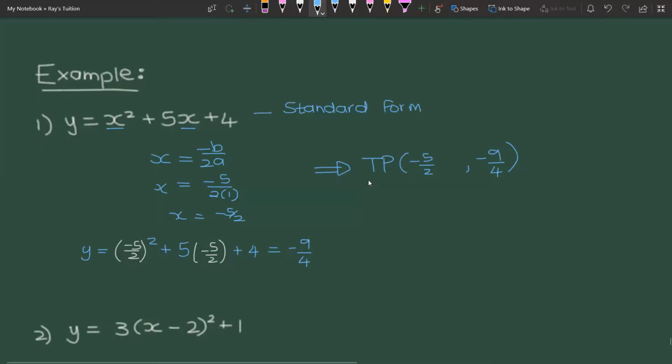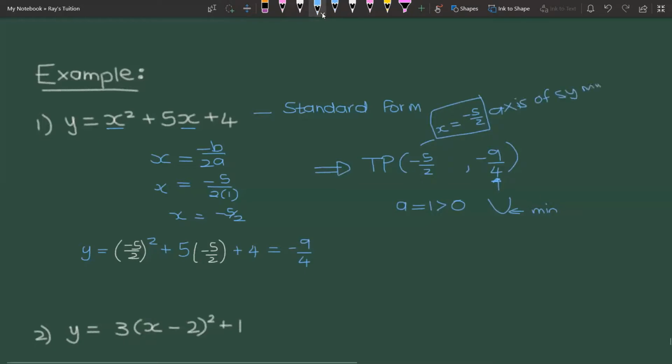The a value here is 1, which is greater than 0, it's positive, which means our graph has this shape, which means it would have a minimum. So this graph has a minimum at that y coordinate, and this part here, x is equal to minus 5 over 2, that's our axis of symmetry.